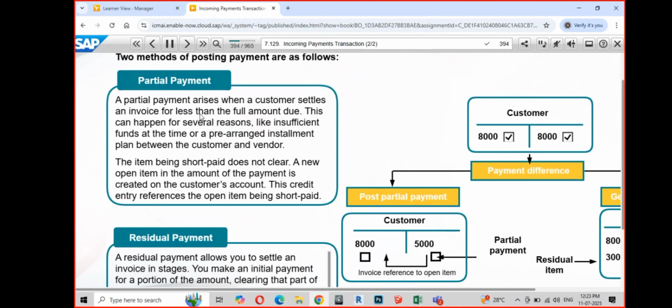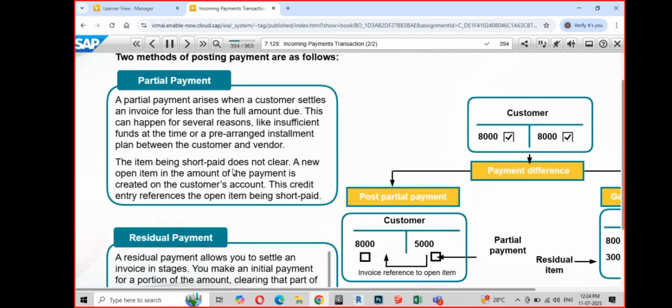So when does a partial payment arise? When you make a payment less than the full amount to your vendor, or when you receive the sales money less than the full amount. Partial. So if the invoice is 1 lakh and you have received say 65,000 rupees as a payment, the invoice doesn't clear.